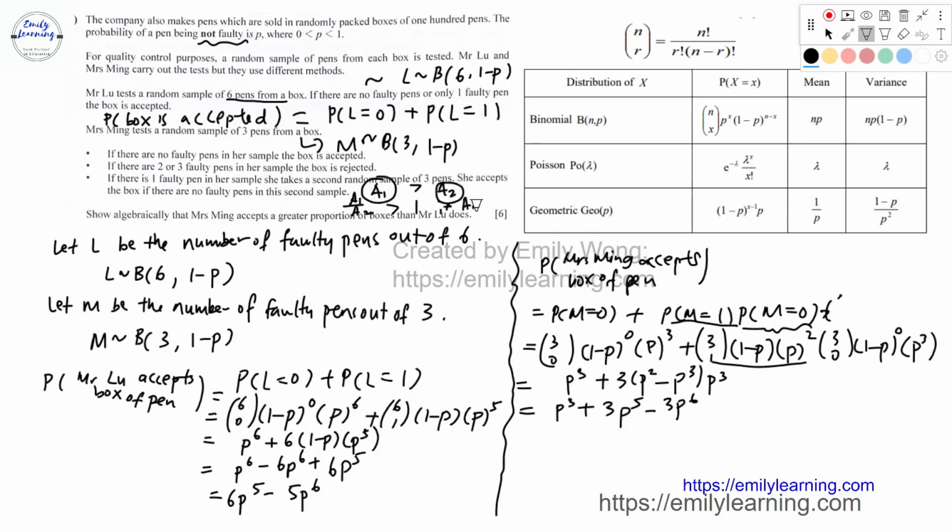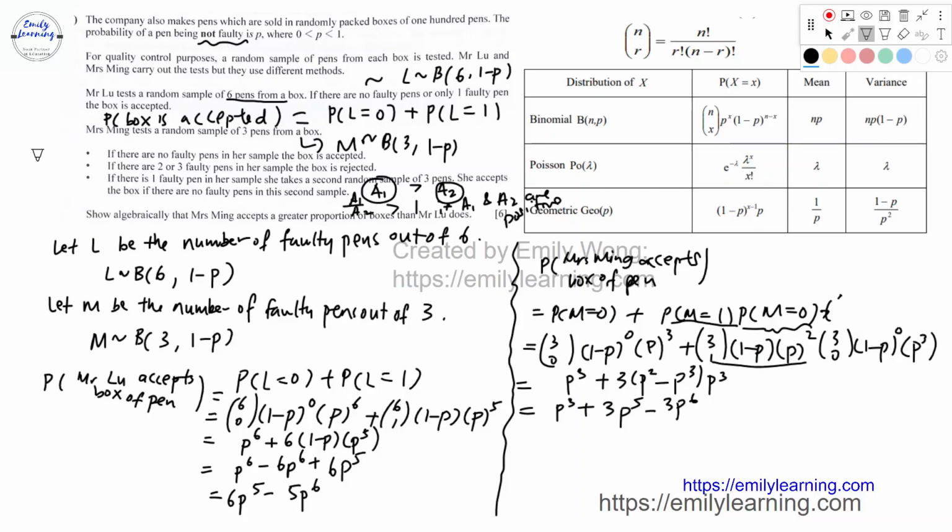I can use this for this question because both are probabilities, definitely positive. So if I show that A1 over A2 is greater than 1, then I will show that A1 is greater than A2. And I'll use this method if it's easy to factorize and I can cancel things.